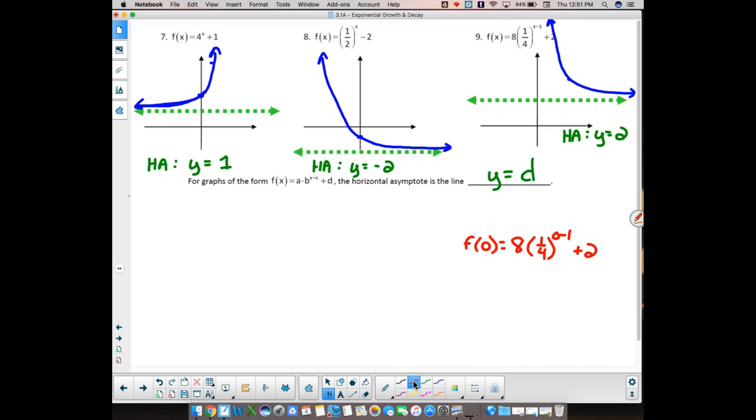Zero minus 1, 1/4 to the -1 power, 4 times 8, plus 2. So the intercept here is 0, 34. Way up off the graph.